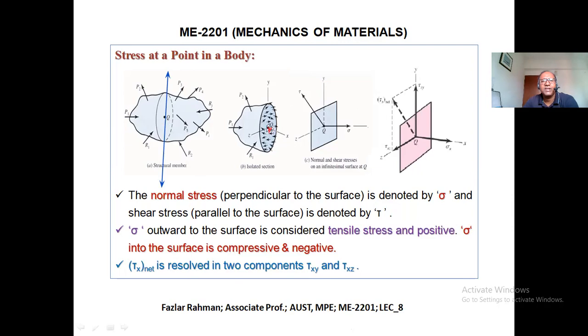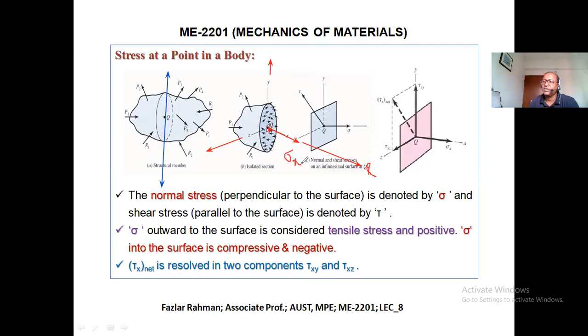So if I cut it, this is the x-axis, this is y, and this is the z-axis. This is the y-axis, this is the x-axis. Then along the x-axis, there will be one normal stress. That normal stress I can call sigma, and since it is working along the x-axis, I call it sigma x.